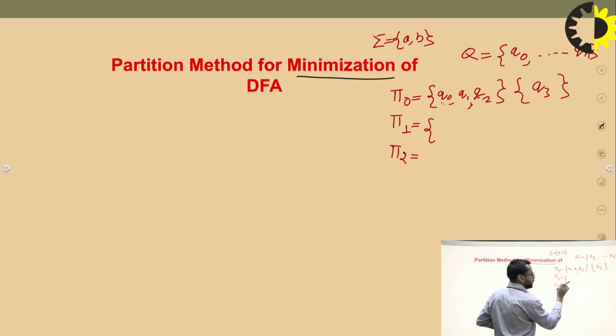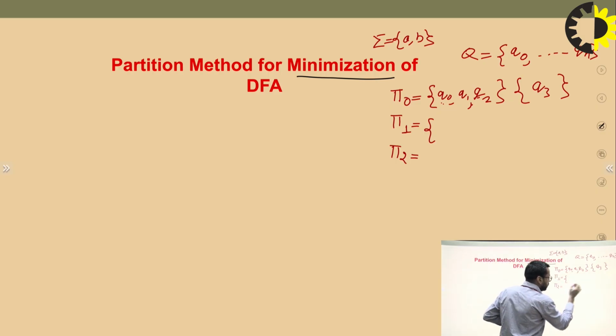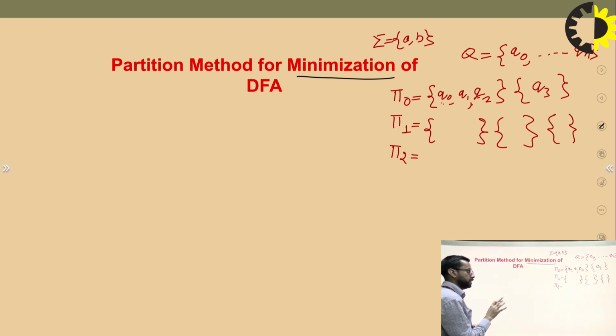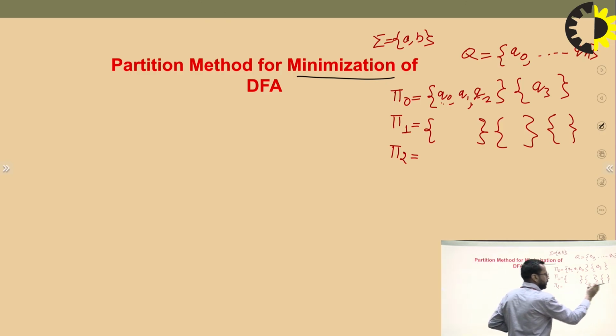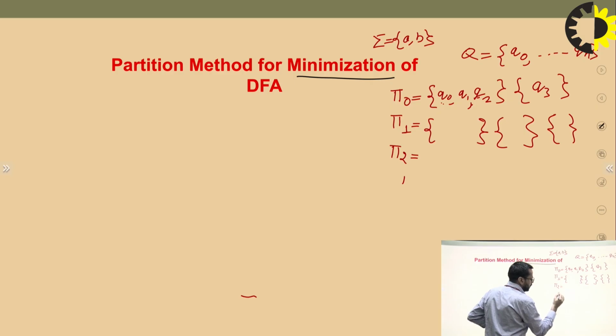So firstly, we take two states and check in the transition table whether the next state value exists in one particular set or in different sets. If it exists in one set, then they stay in the same set. Otherwise, they go to different sets. This procedure is applicable till pi n equals pi n minus 1.